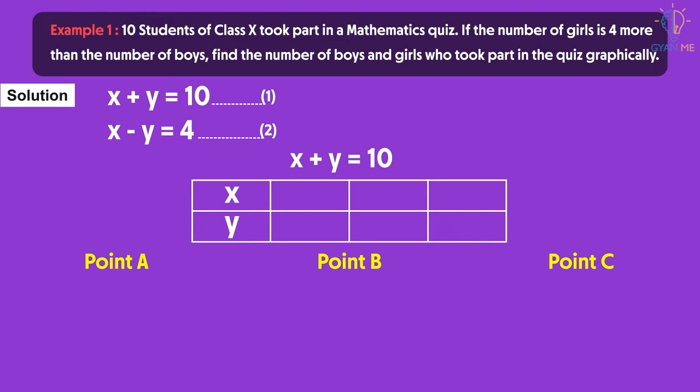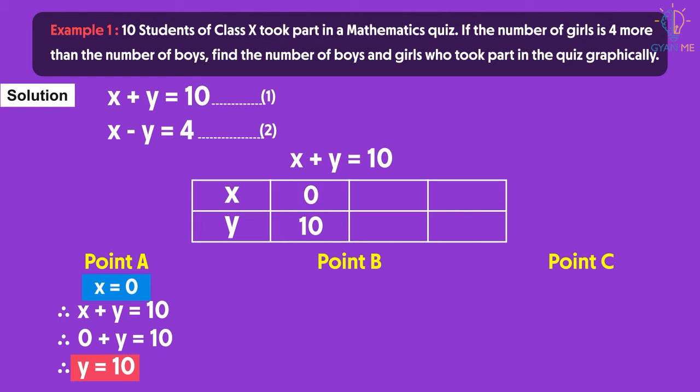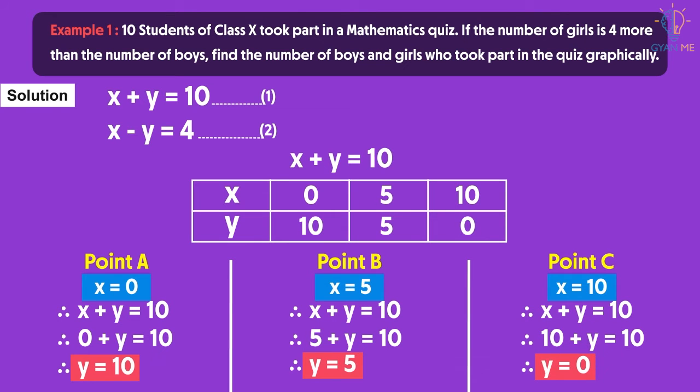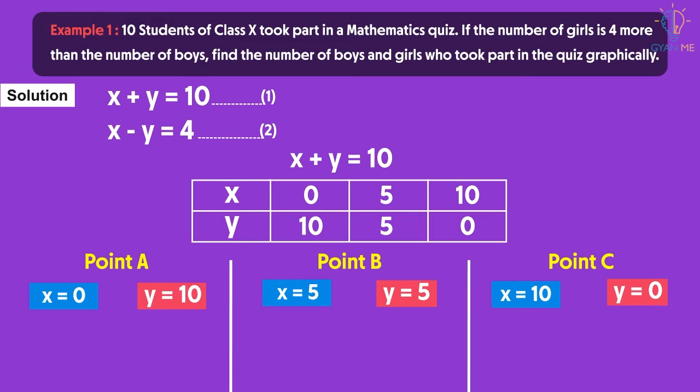If we assume x equal to 0 and put in the equation, on solving we get y equal to 10. Similarly, if we assume x as 5, on solving we get y as 5. And if we assume x as 10, on solving we get y equal to 0. So therefore, coordinates of point A are 0, 10, for point B are 5, 5, and point C are 10, 0.